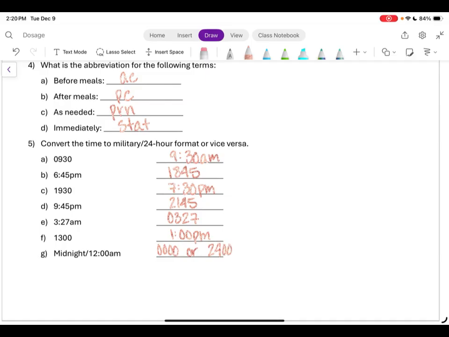Doesn't matter. So, like I said, if you're converting from military time to the 24-hour format, I want you to write the AM or PM in your answer. Otherwise, I don't know if you actually know, right? And when you're going from 24-hour format to military, we don't put colons and we don't put AM or PM, okay? If you're struggling figuring out what's what, I suggest you take a look at the book.